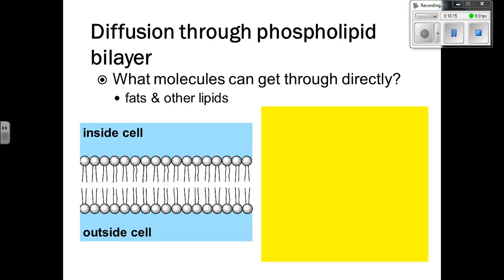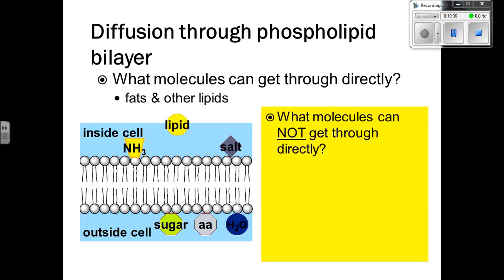diffusing through this bilayer, right, fats and other lipids can get through the cell directly, right? Sugars, nope, too big. Amino acids, too big. Water, too big. Salts, too big. Ammonia, too big. All right. The molecules that cannot get through directly are polar molecules, things like water.